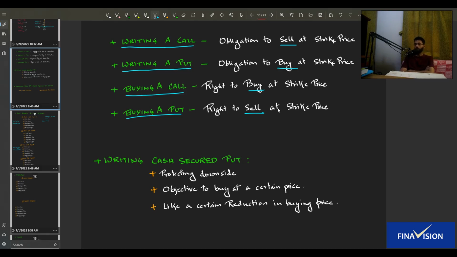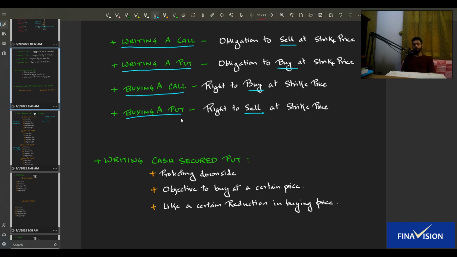Another objective of writing puts and calls can be a play on volatility. These things we'll discuss later. On the other hand, buying a call and buying a put are basically attempts to have the right but not the obligation to buy or sell at the strike price. So there are multiple combinations that can be made by combining buying a call, buying a put, writing a call, and writing a put. All these strategies, we'll look into as we go ahead into this chapter.